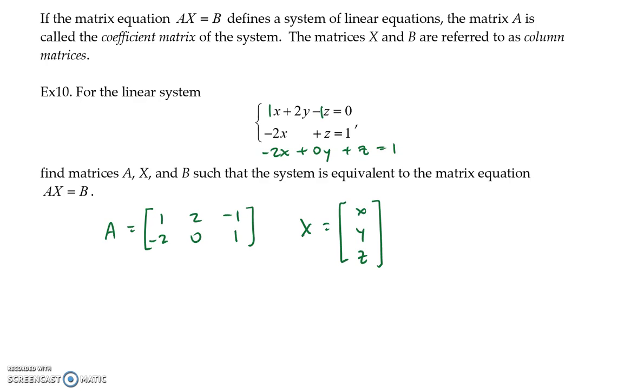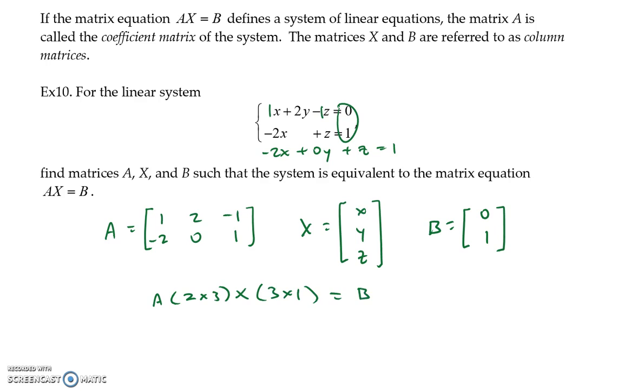And then, what about the matrix B? Well, that would be a single column consisting of the entries to the right of the equal sign. That would be 0 and 1. Now, does it make sense to multiply the matrices and set them equal in this fashion? Well, it does if you write the orders. A is order 2 by 3. Capital X is order 3 by 1.